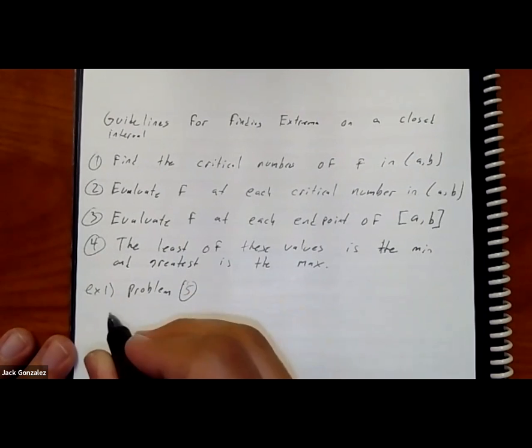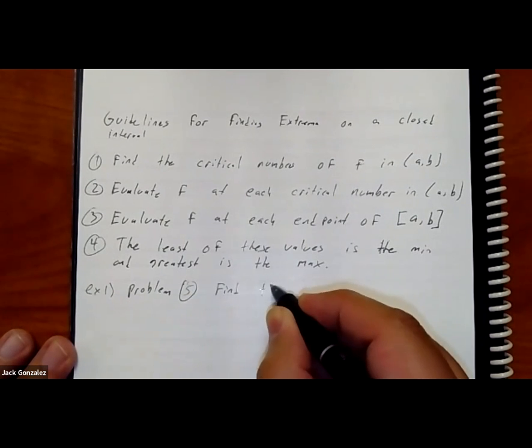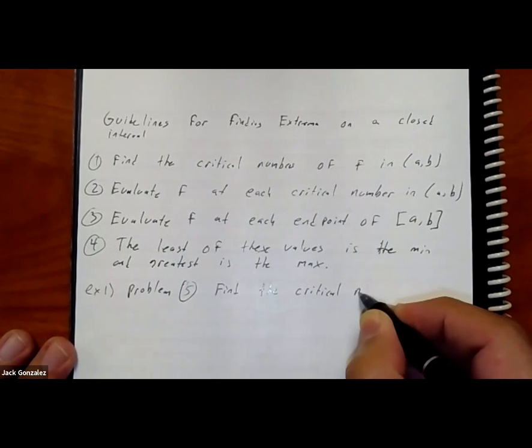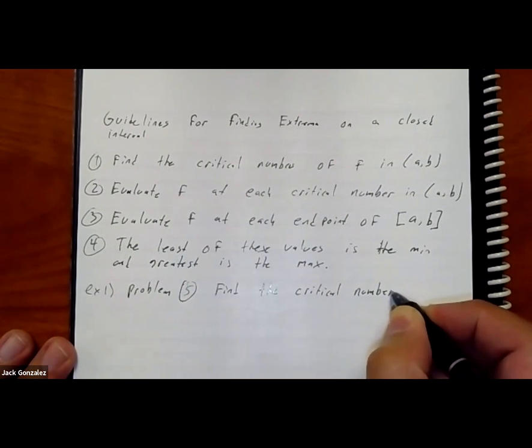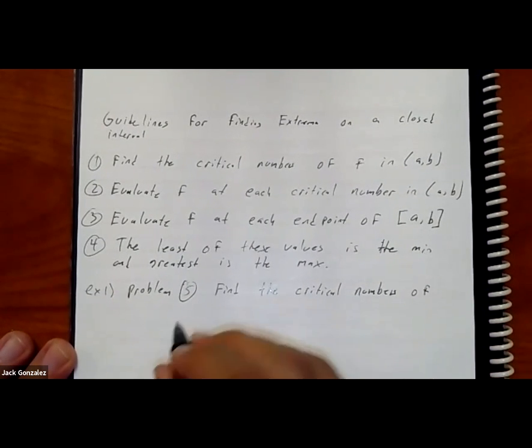Number 5 says, find the critical numbers of the functions.